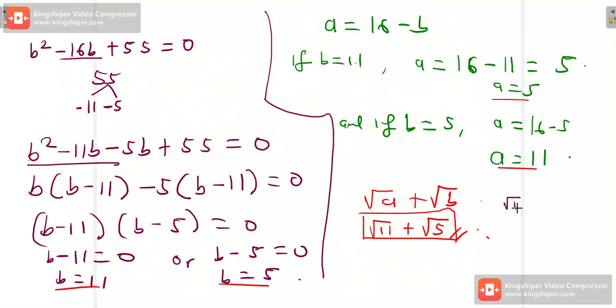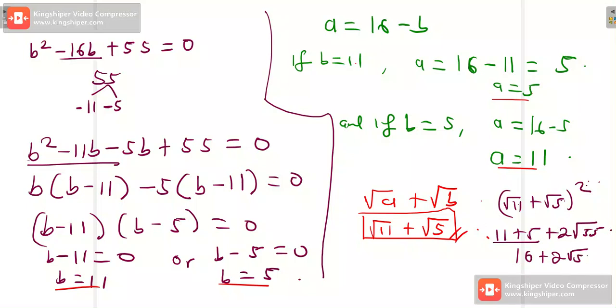That is root of 11 plus root of 5 squared. Square it. Root of 11 squared is 11. Root of 5 squared is 5. Then 2 times root of 11 times root of 5 will give us 2 root of 55. 11 plus 5 is what? 16.